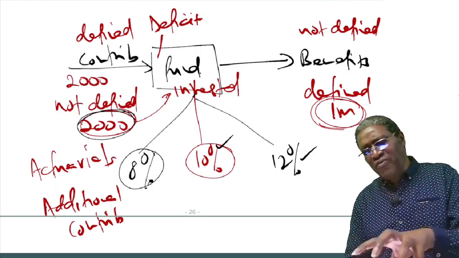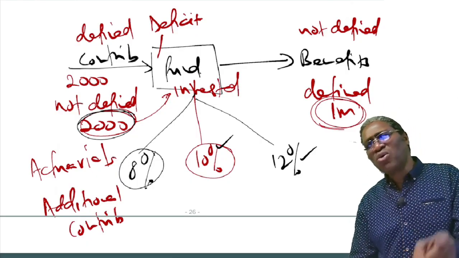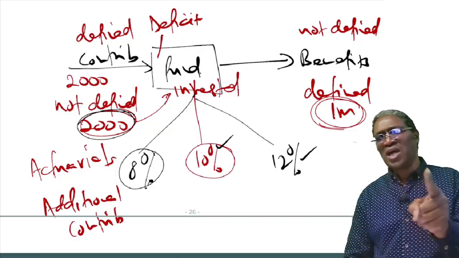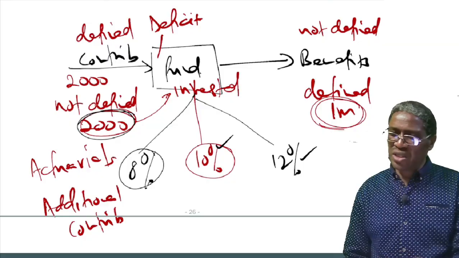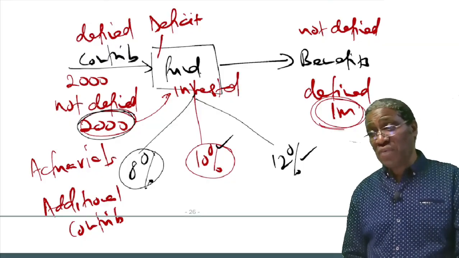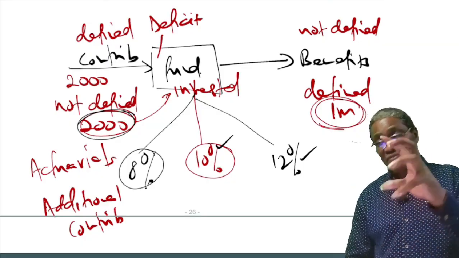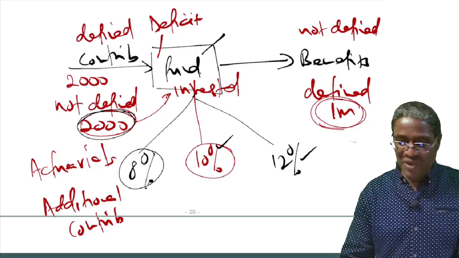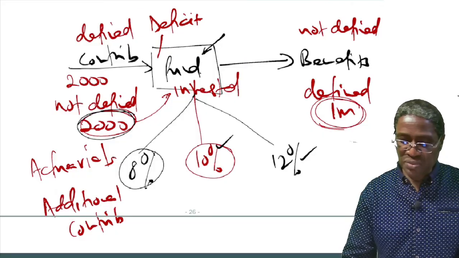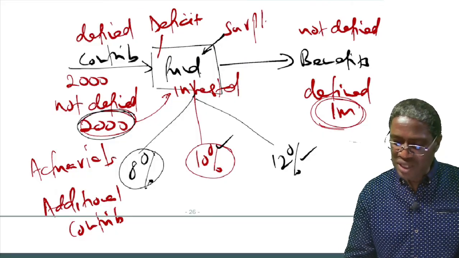So it is obvious, therefore, that if we continue contributing 2,000, earning a return of 12%, this fund of ours will be larger than expected. In other words, this fund will now have what we call a surplus.